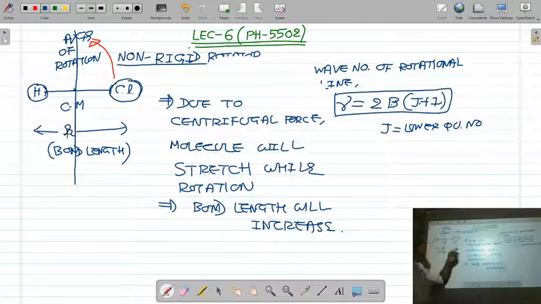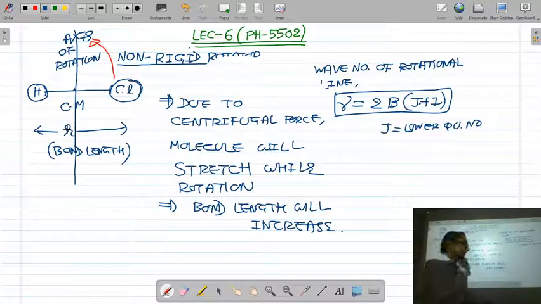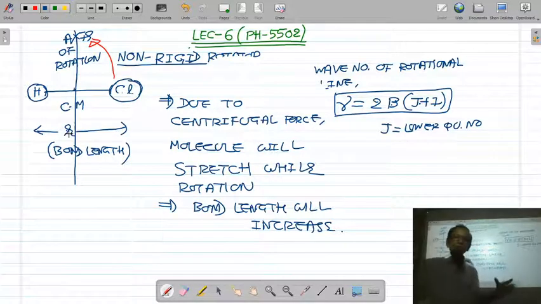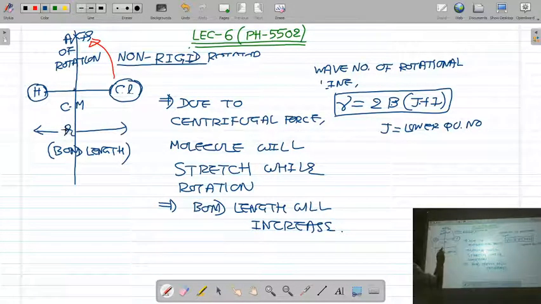So we can understand that due to the centrifugal force during rotation, the molecule is stretching, and due to the stretching, the bond length R is increasing.